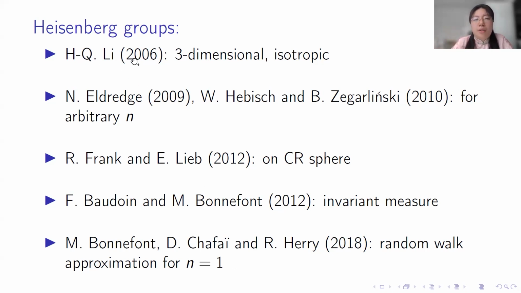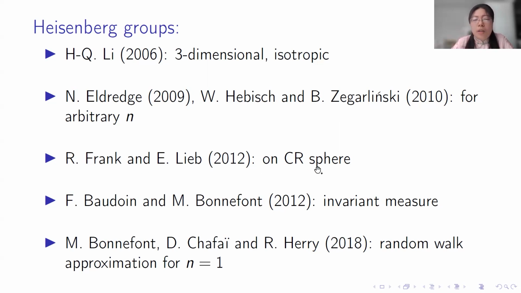The first one by HQ Lee in 2006 and the second one by Nate Eldredge in 2009 used the heat kernel estimate approach. One is for the 3-dimensional isotropic Heisenberg group, and the second did it for the more general case of H-type groups. The paper by Hebisch and Zegarlinski in 2010 used a tensorization argument.